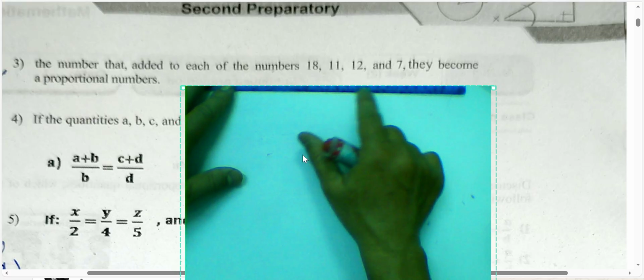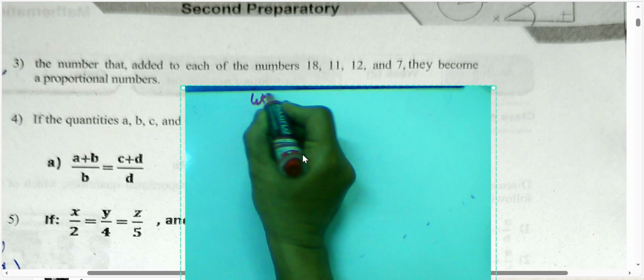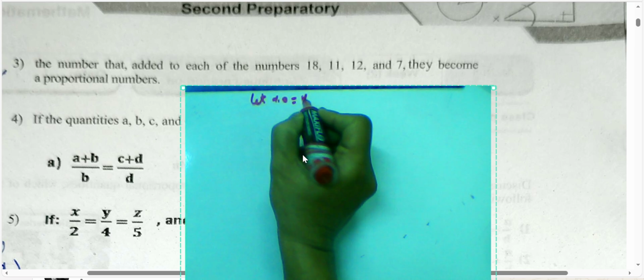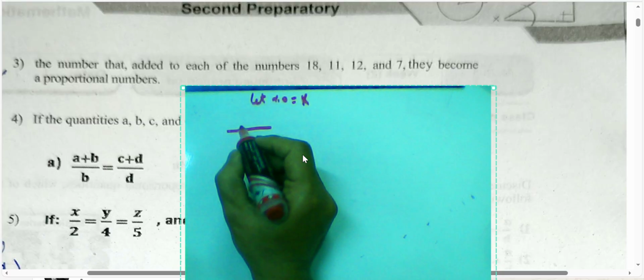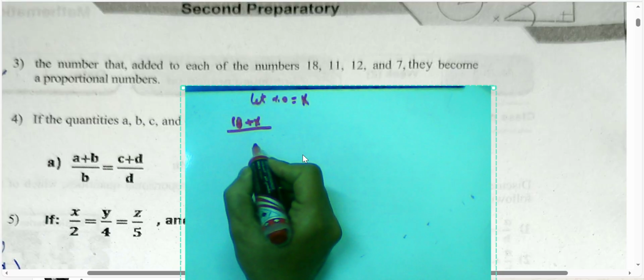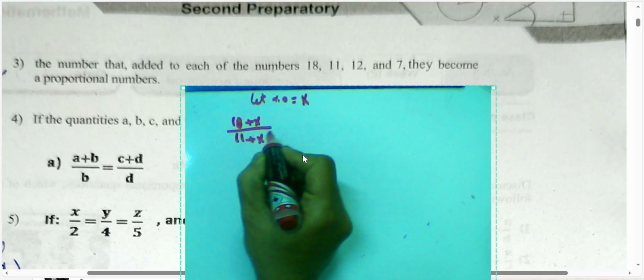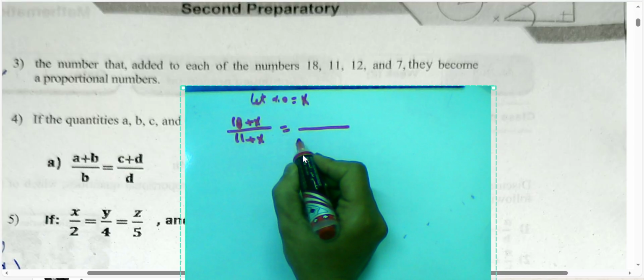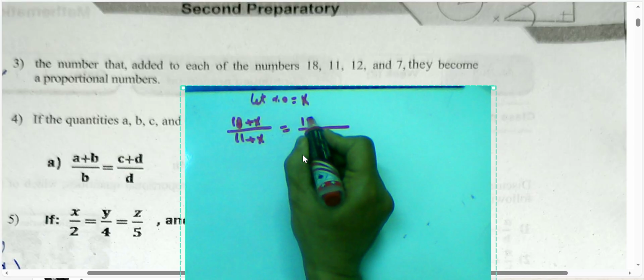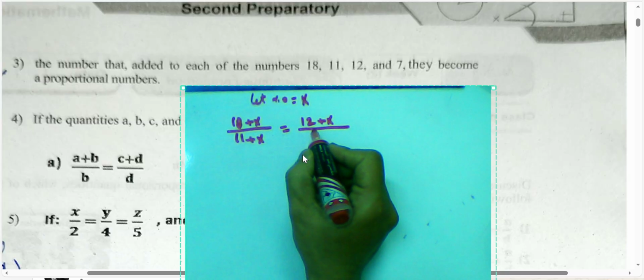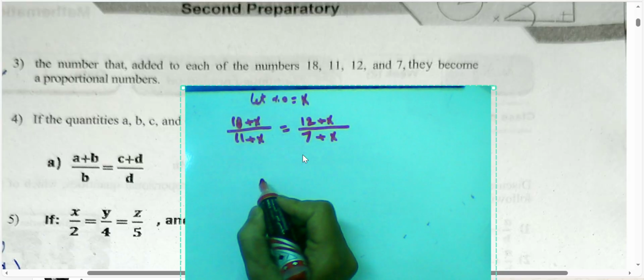Listen to me about question number 3. Number 3: the number that when added to each of the numbers 18, 11, 12, 7, they become proportional numbers. Let the number be x. Then 18 plus x over 11 plus x equals 12 plus x over 7 plus x.